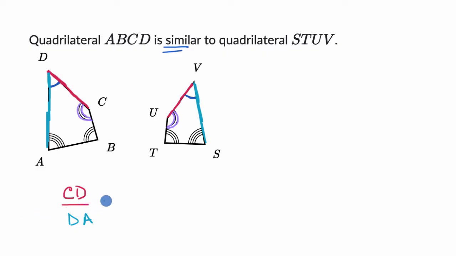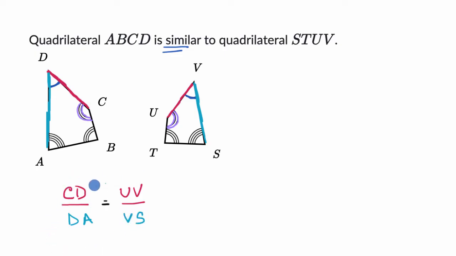So that means that the ratio, because we know they're similar, I can only say this because these are similar quadrilaterals. So I can only say that because of similarity, this is going to be equal to the ratio of UV to VS. Once again, because those are corresponding sides.